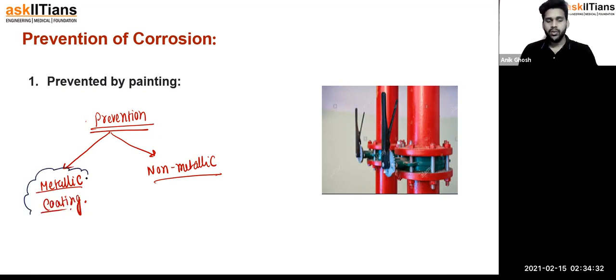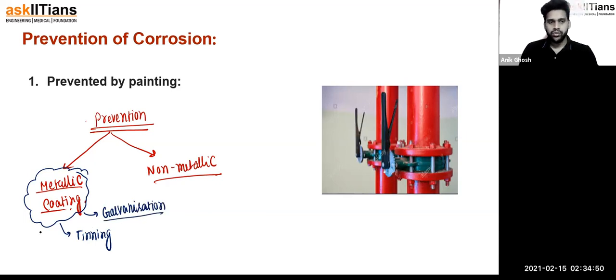This metallic coating can be done in so many ways, like tinning, like giving a tin layer over it, or via galvanization, giving it a pure zinc coating, or you can also do nickel or chromium coating.